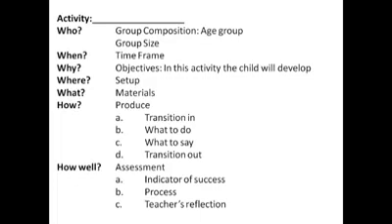C. Provide time to share, discuss, and mount the finished product. Number 3, why? Objectives. A. Describe a behavior that can be accomplished within the time frame of the activity. B. Use words that describe observable and measurable behavior specific to the activity.